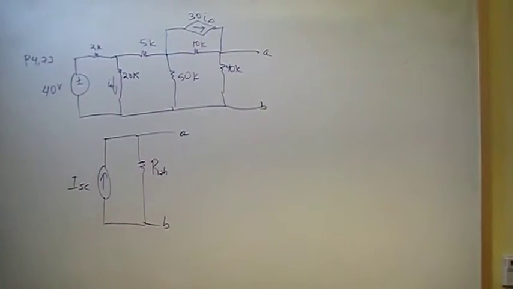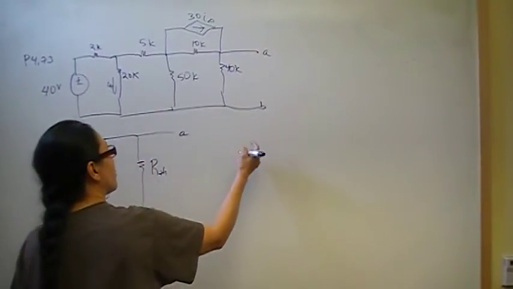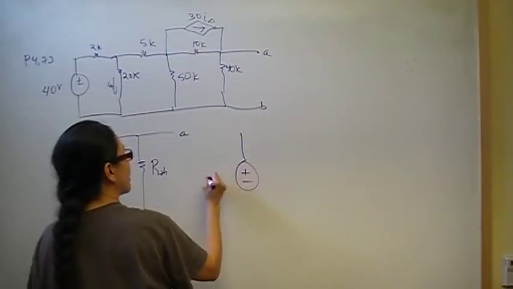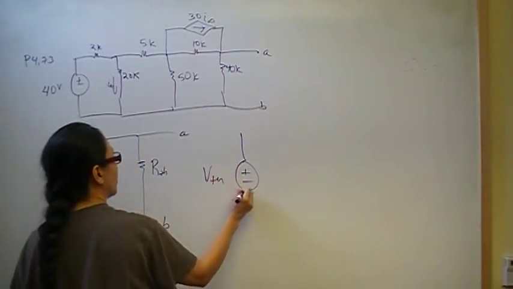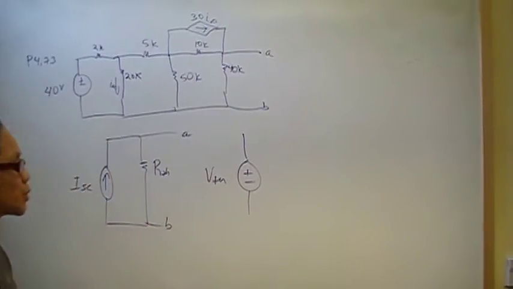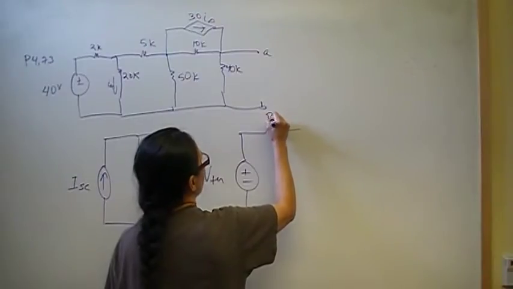And a Thevenin equivalent circuit is the same thing, except instead of the short circuit current, it's the open circuit voltage, the voltage seen by the load. So some V Thevenin, and when you open the load, it's going to be that voltage source in series with our R Thevenin.